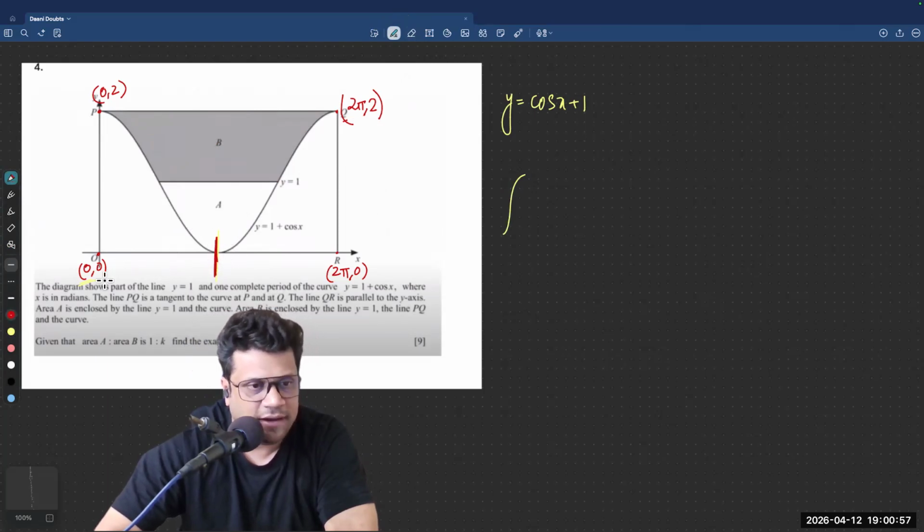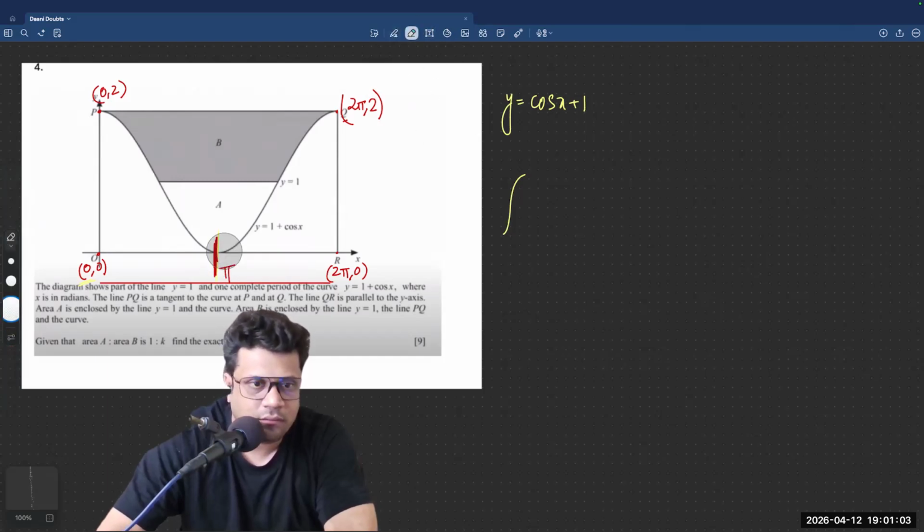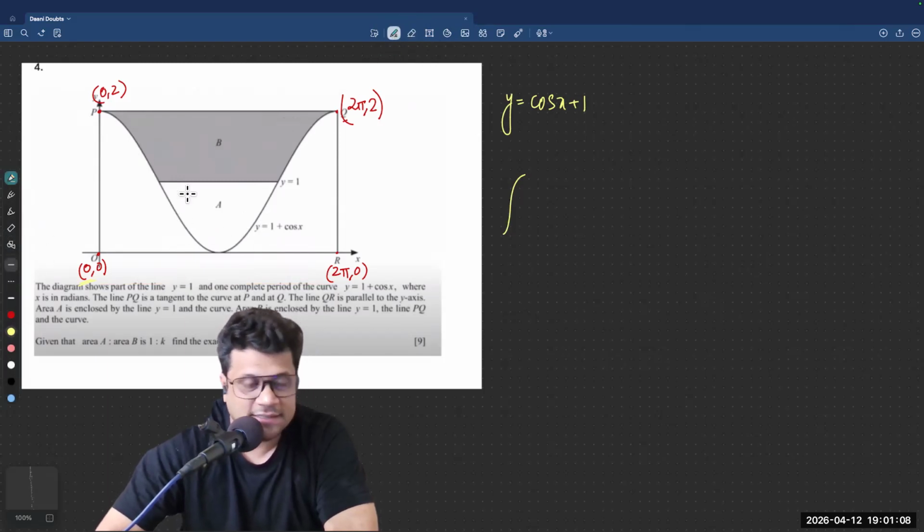If the whole thing is 0 to 2 pi, this one happens to be pi. Because it's symmetrical, this point is actually dividing 0 to 2 pi right in two halves.